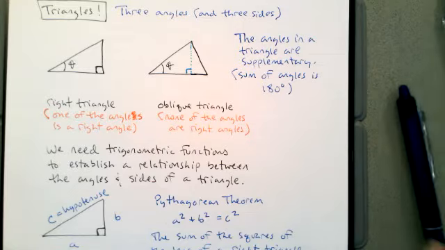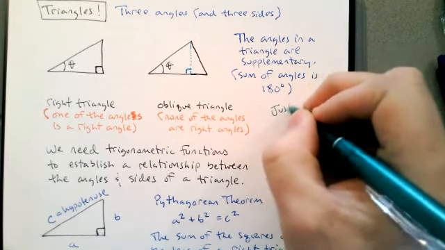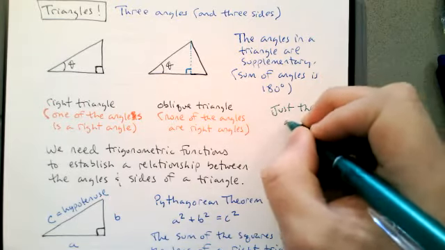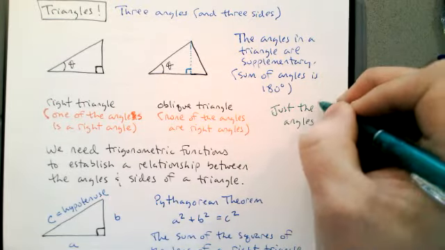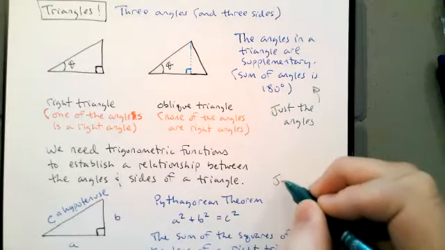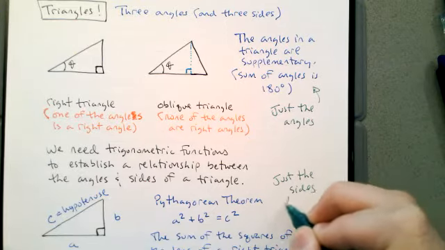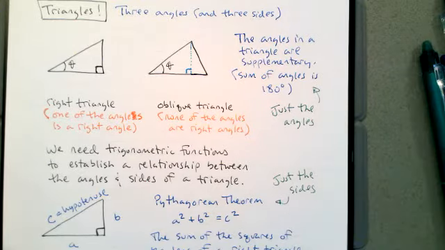That's just the angles. And the Pythagorean theorem is just the sides. So I need something that combines angles and sides. Or we need something that connects angles and sides.